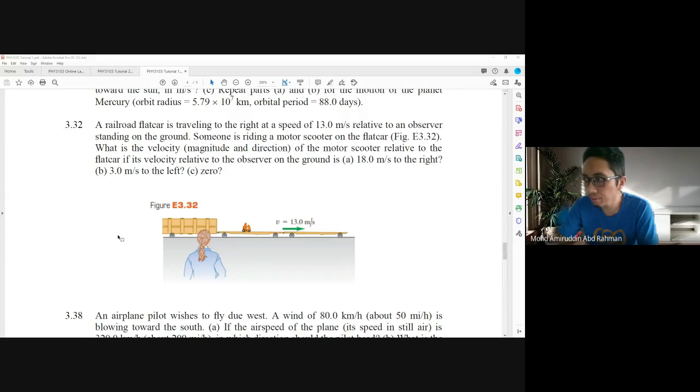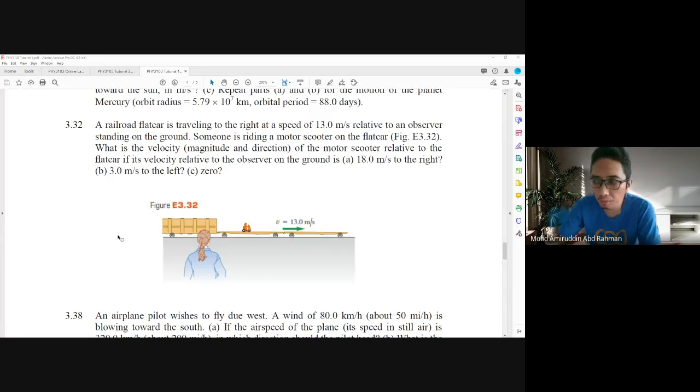So we have three different situations where the relative velocity has a different value. First we need to define the equation for our problem.